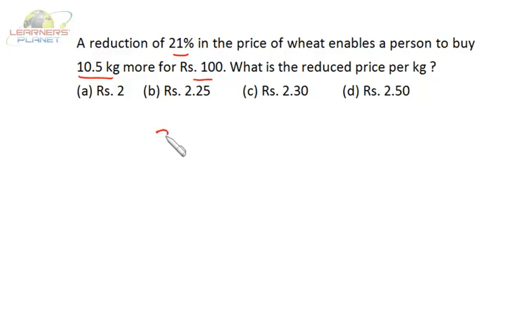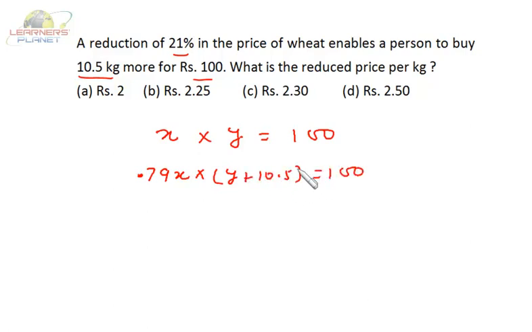Initially, this is the price x, this is the quantity y, and the overall amount is 100. Now the price has been reduced by 21%. That means the new price is 0.79x and the new quantity is y plus 10.5, and the amount is the same.